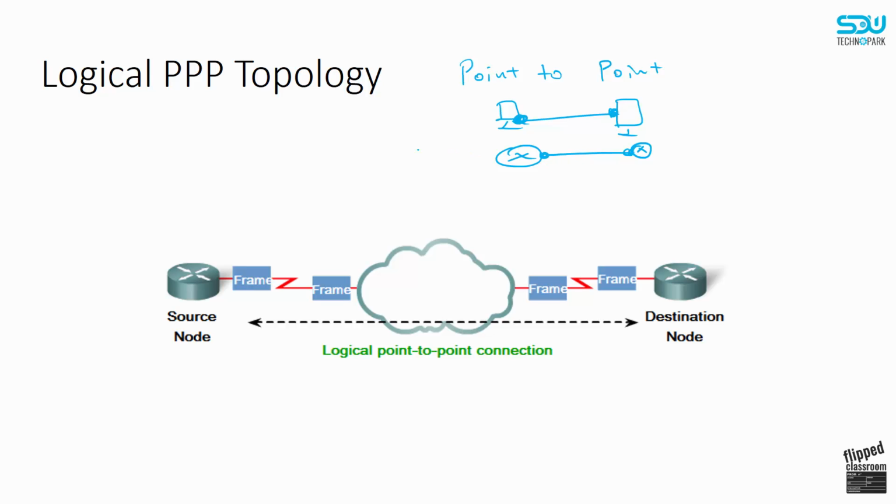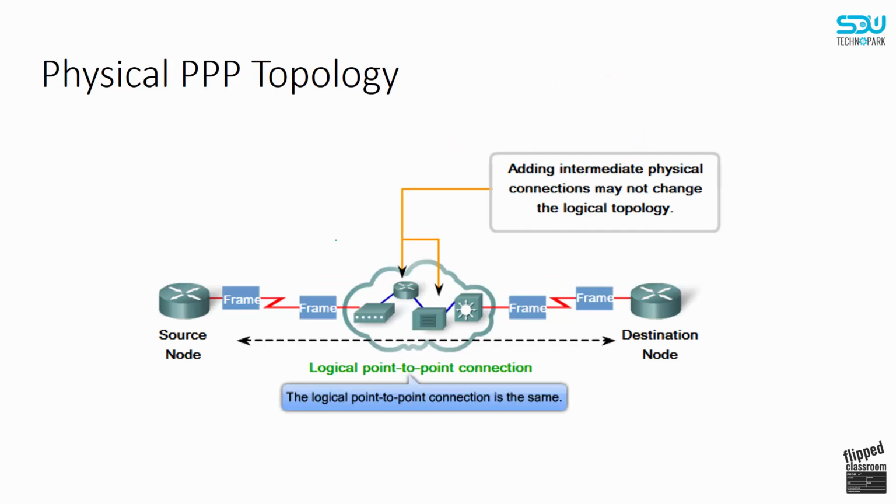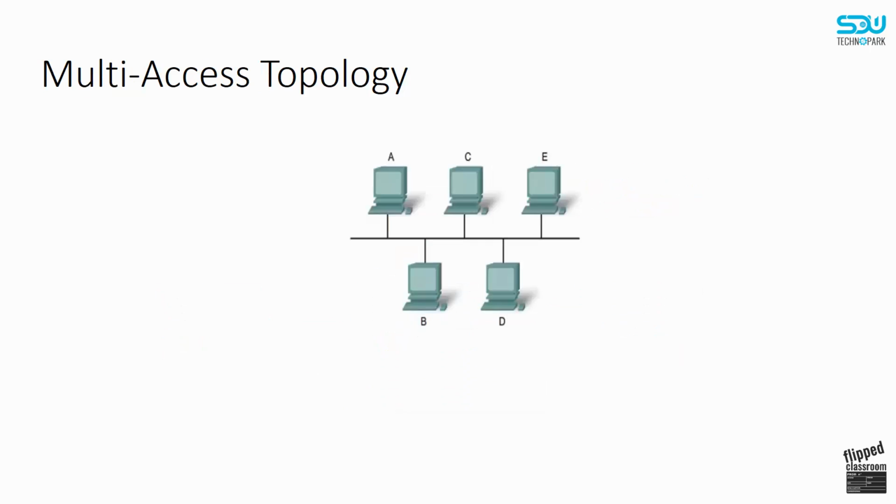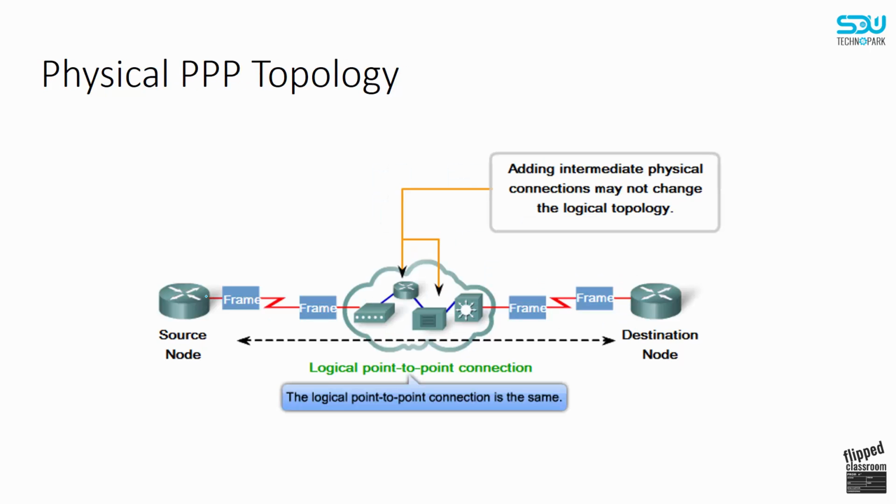Logically PPP looks like this, but physically it is not actually point to point, because it connects from one point logically to another point, but physically there will be many more interconnections, with different paths between these points.